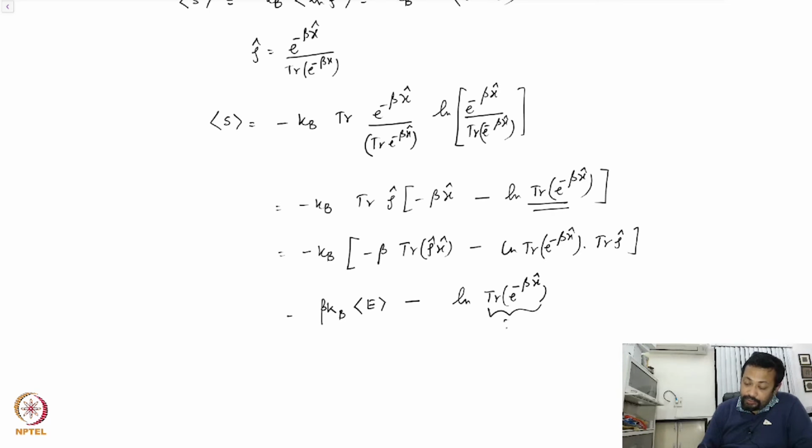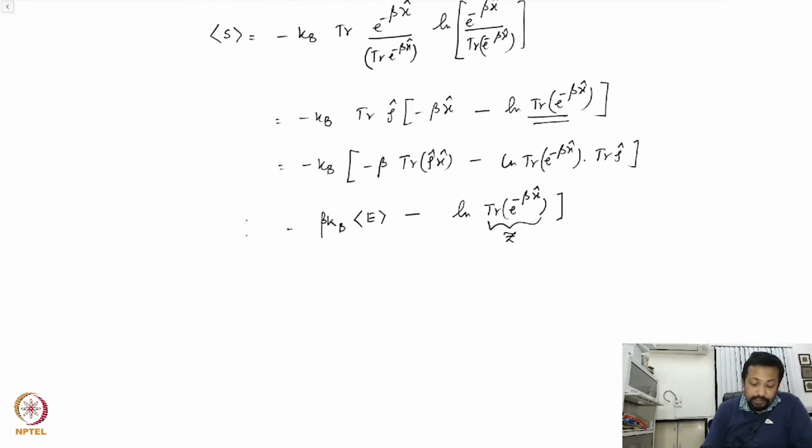But this quantity is the canonical partition function, so we will write down the average of S as equal to this.